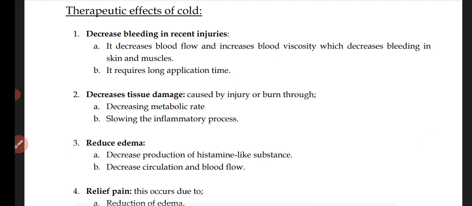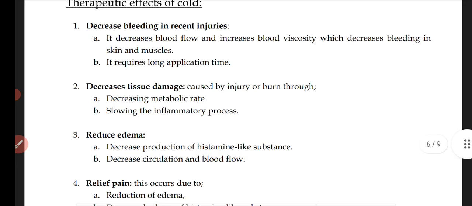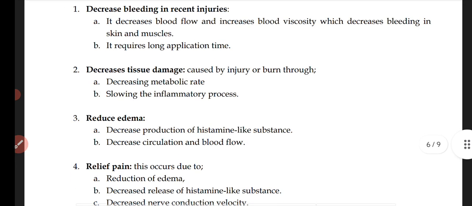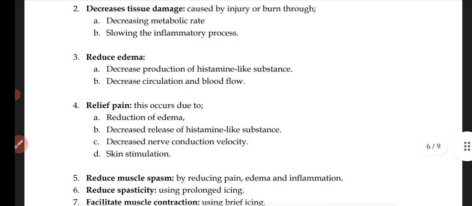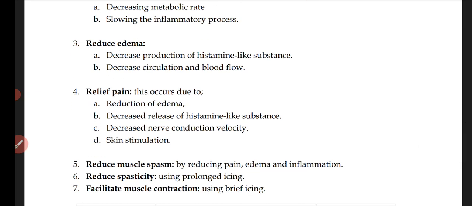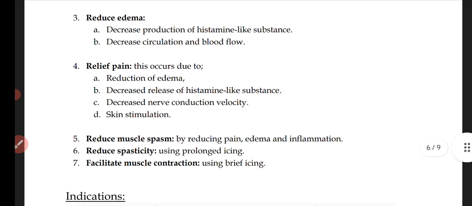Number B, it requires long application time. Number 2 is the decreased tissue damage caused by the injury or burn. Number A is the decreasing metabolic rate, and number B is the slowing of the inflammatory process. Number 3 is the reduced edema, with decreased production of histamine-like substances and decreased circulation and blood flow.